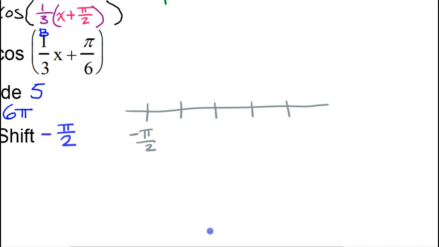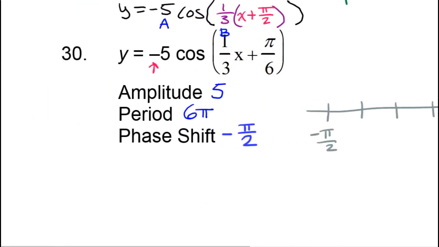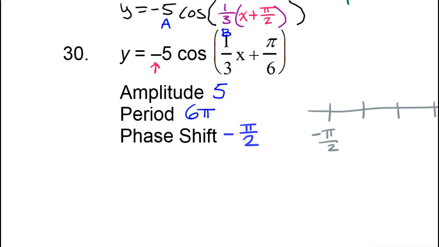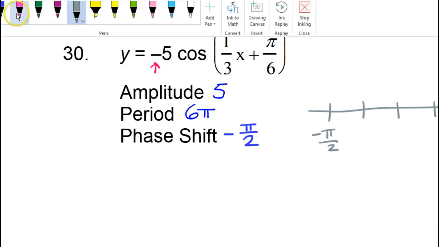4. Now, because I made 4 spaces, and this graph is going to represent one period of the function, each one of these spaces represents a quarter of the period. So let's calculate exactly what a quarter of the period actually is.